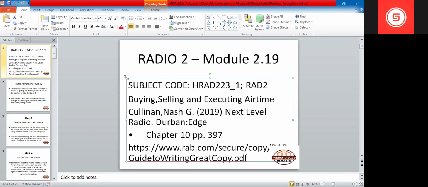I'm going to go with this particular lesson. The prep of the slides gives a little bit more insight into the first five steps of the RAB program, the RAB structure, or the 10 tips for writing great copy.